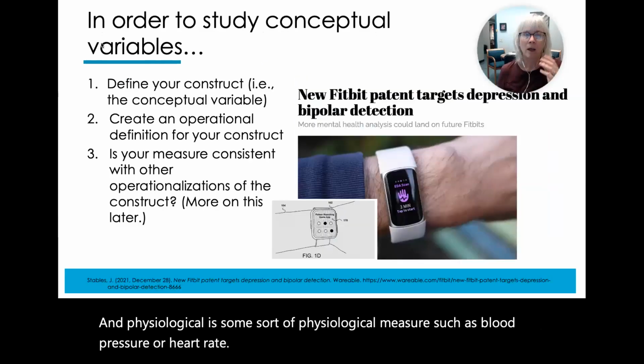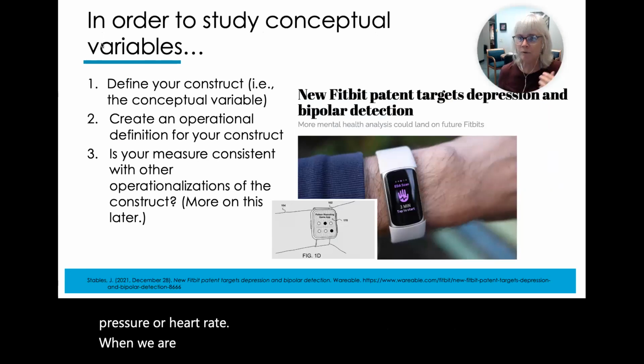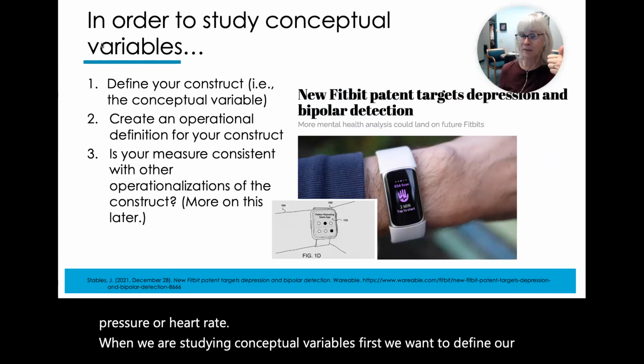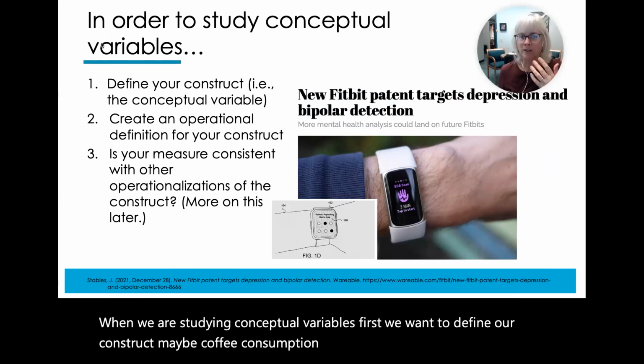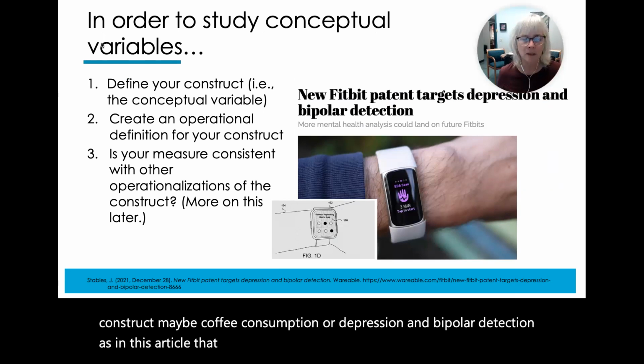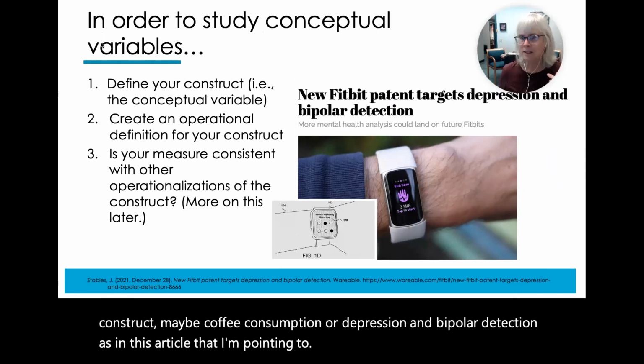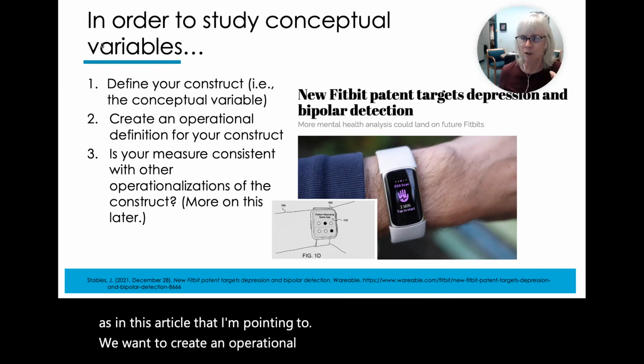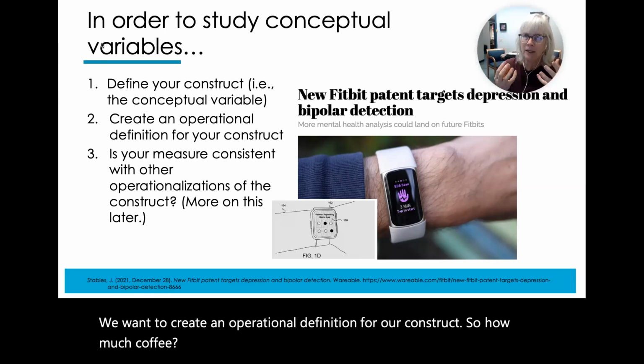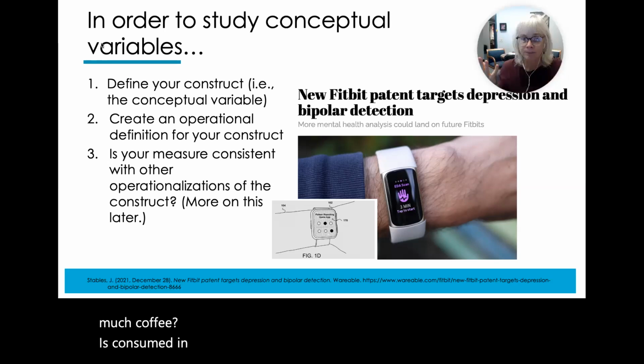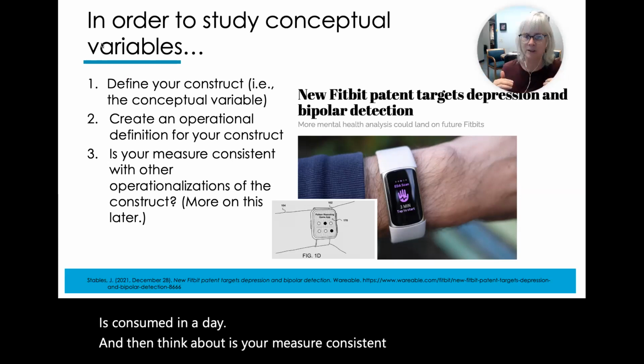When we are studying conceptual variables, first we want to define our construct, maybe coffee consumption or depression and bipolar detection, as in this article that I'm pointing to. We want to create an operational definition for our construct. So how much coffee is consumed in a day? And then think about, is your measure consistent with the other operationalizations of the construct?